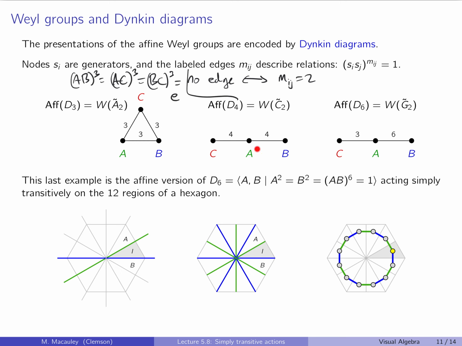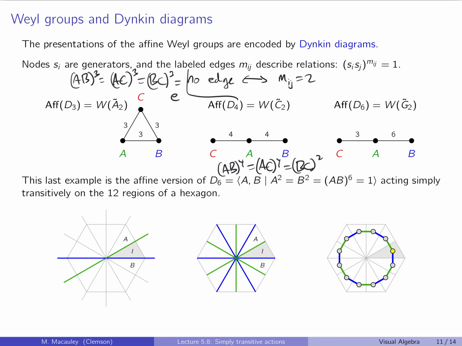And then over here, we have AB to the fourth equals AC to the fourth equals BC squared. And because of that, we don't put an edge here.